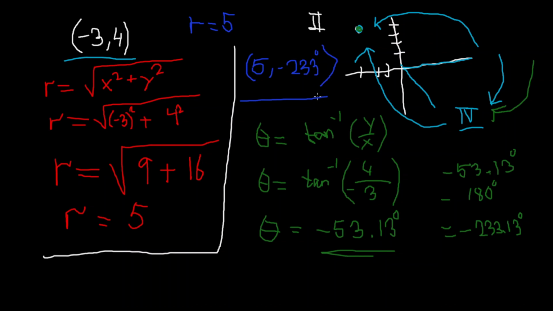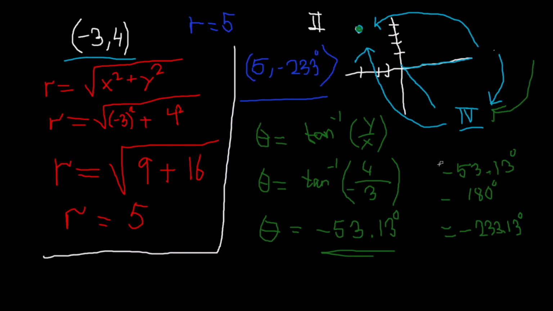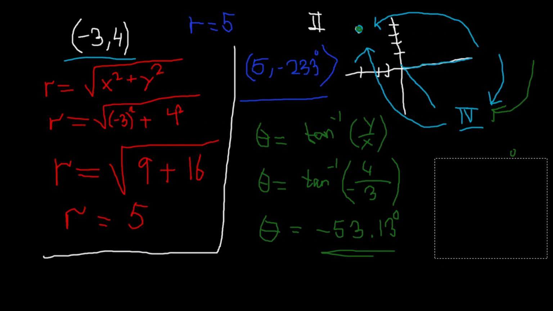So this is our coordinate. But what if you want your theta to be positive? If you want your theta to be positive, you will add 180 degrees instead of subtracting.